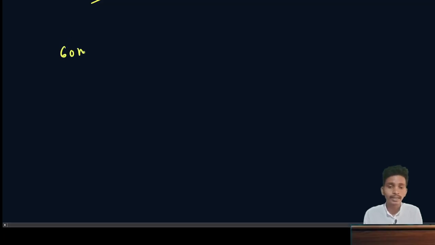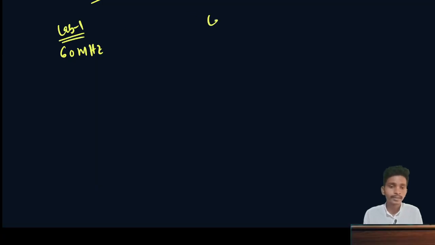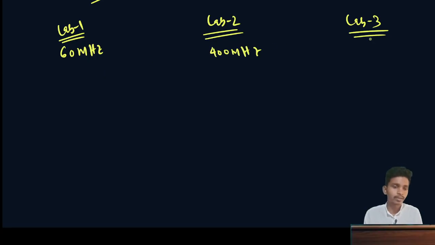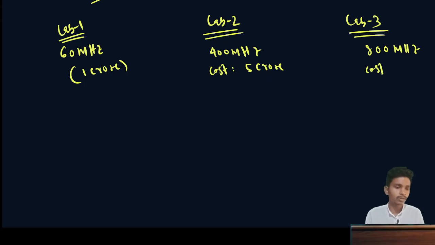Let's say lab 1 has a 60 megahertz instrument, lab 2 has 400 megahertz, and lab 3 has 800 megahertz. The costs are let's say 1 crore, 5 crore, and 10 crore.